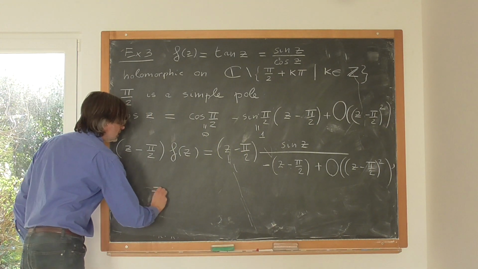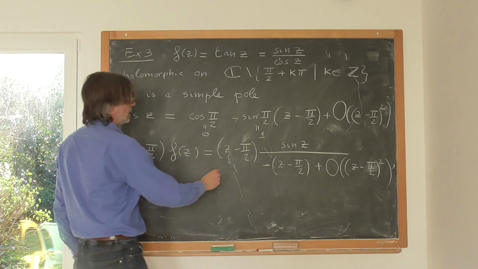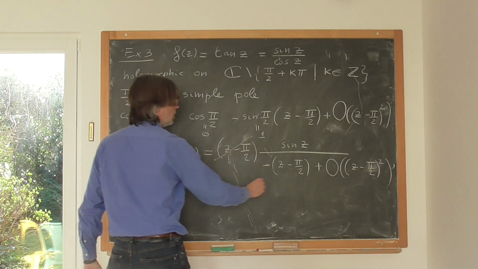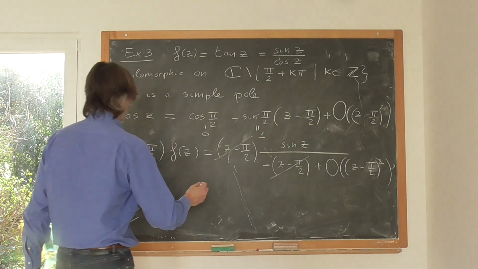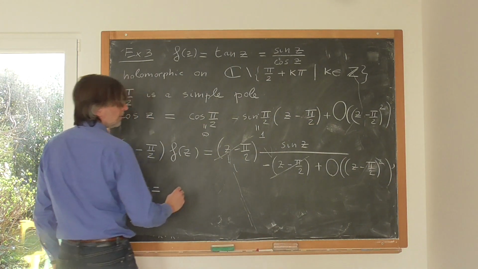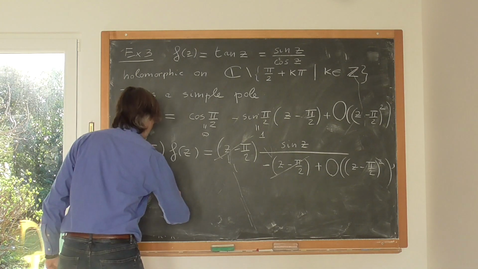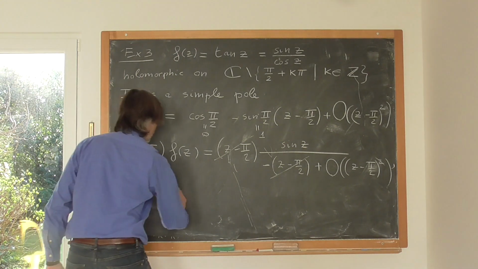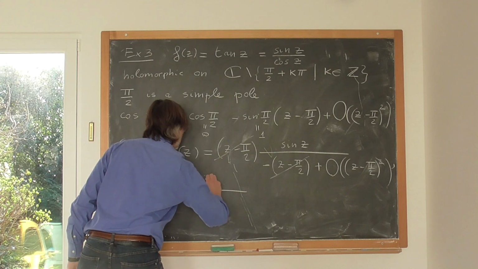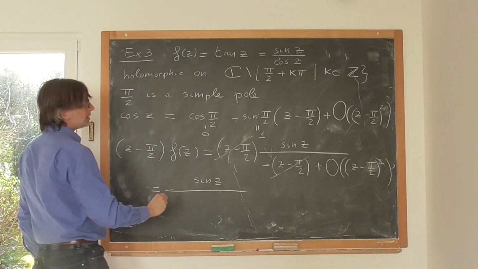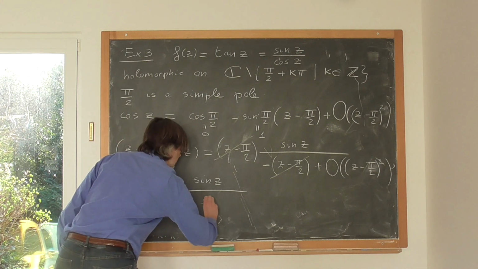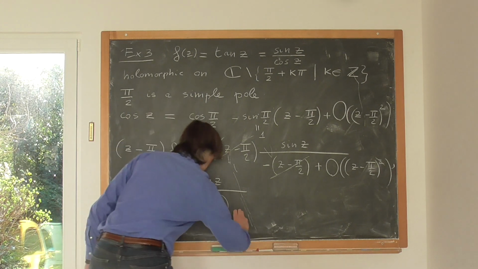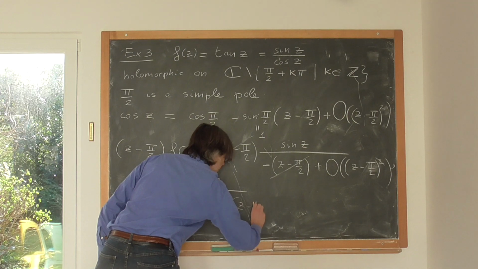We can simplify, and what we get is minus sine of z upstairs, and downstairs we have 1 plus big O of (z minus pi half).